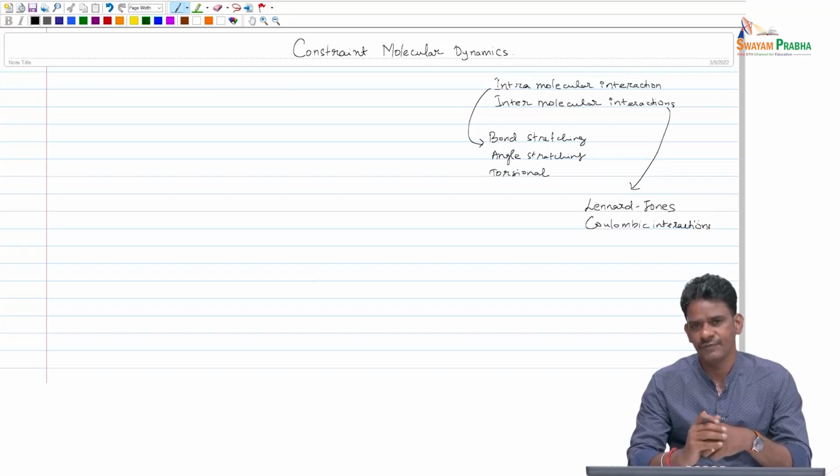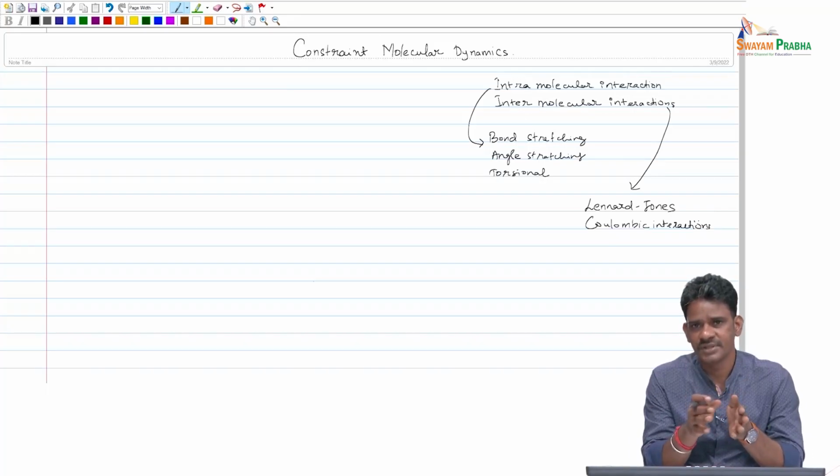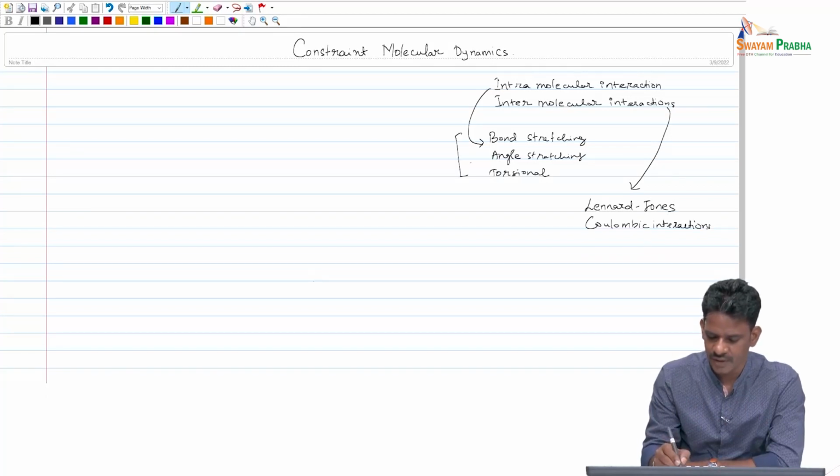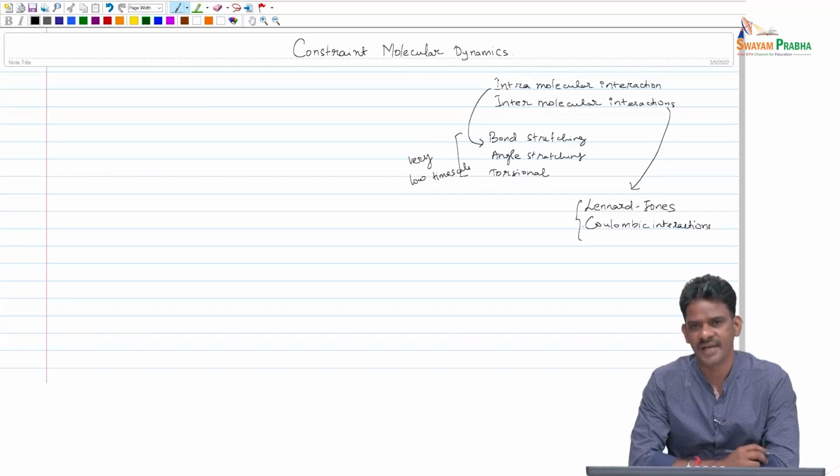But we realize that if you look at the time scale of these processes, the angle stretching and bond stretching, compared to the translational motion of the entire molecule's center of mass, these are happening at a very low time scale, and these are happening at slightly larger time scales.